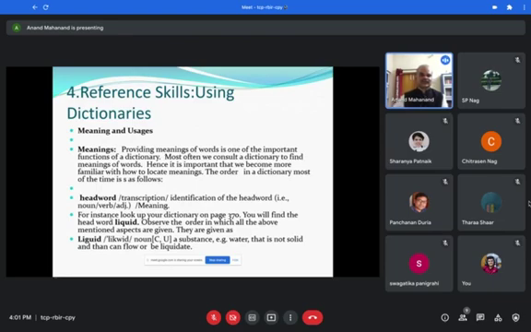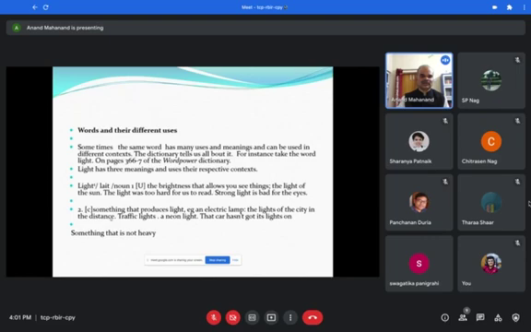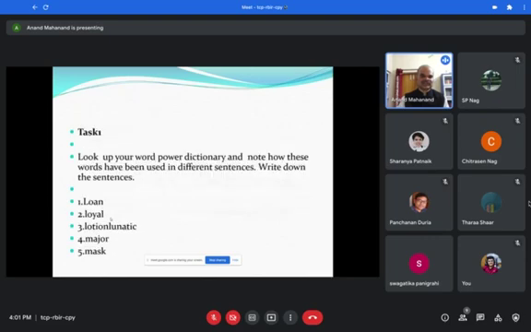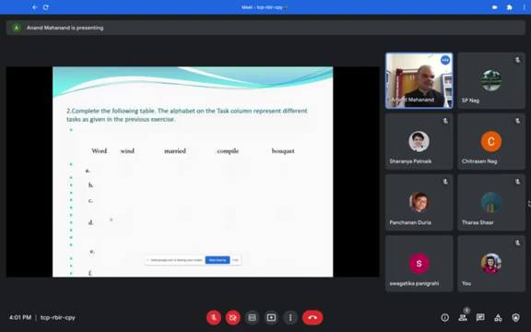Now we shall come to reference skills, but reference skills we'll do later. In the next class, we'll go to the other skill, that is information transfer.